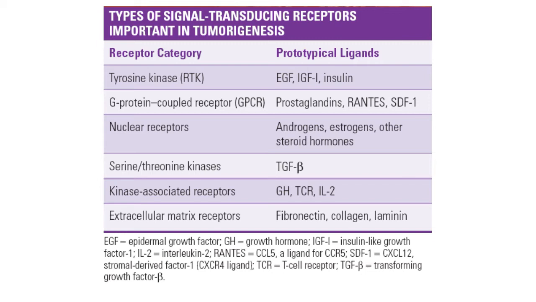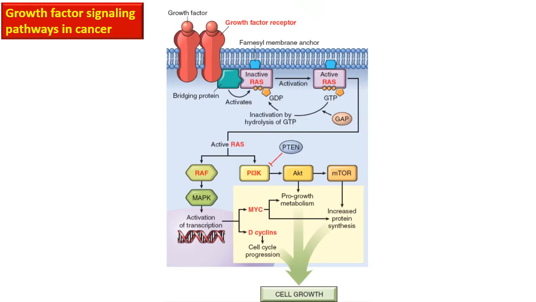The nuclear receptors are androgen, estrogen and other steroid hormones. Serine threonine kinase ligands are transforming growth factor beta. Kinase associated receptor ligands are growth hormone, T cell receptor and interleukin 2. Extracellular matrix receptor ligands are fibronectin, collagen and laminin.